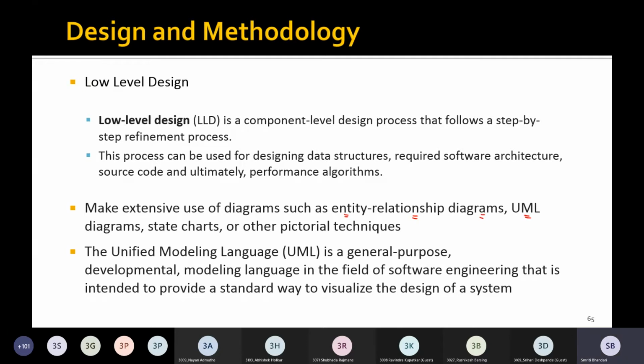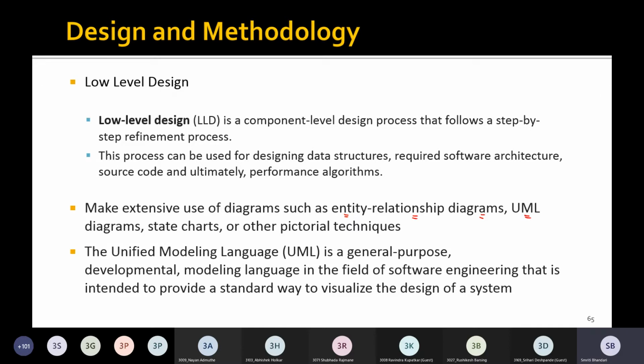Or you might be learning this under object-oriented modeling and design. Okay, so this UML is intended to provide a standard way to visualize the design of the system. So under this chapter, you should provide all such kinds of diagrams depicting the design of your project.